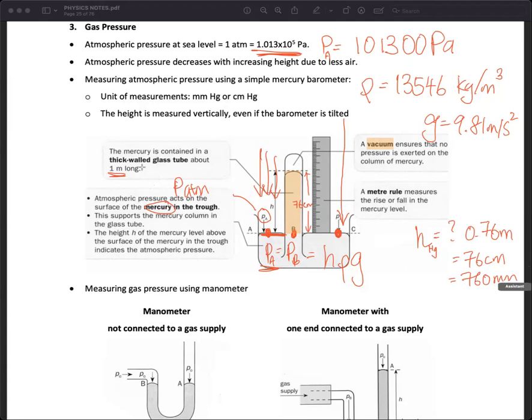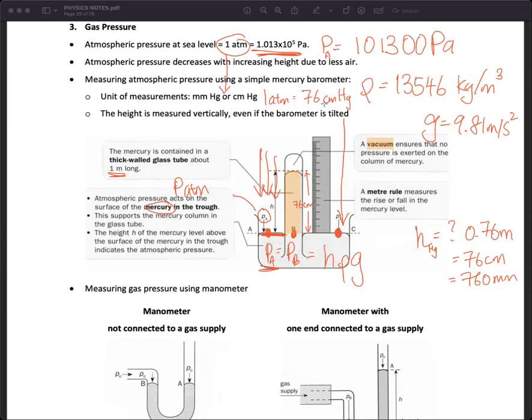So we can actually say that 1 ATM is equal to about 76 cmHg. Okay, these two things are the same.